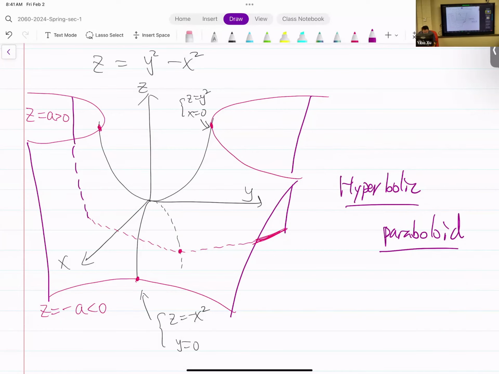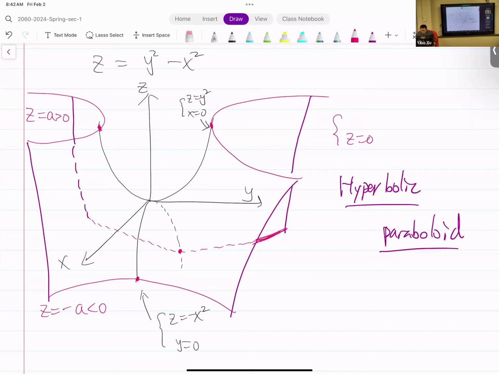There's also another trace that I can quickly establish. The curves in red are the hyperbolas that you get when you make Z equal to A or negative A. What happens if you make Z equal to 0? Think about this. When you make Z equal to 0, you have 0 equals Y squared minus X squared.